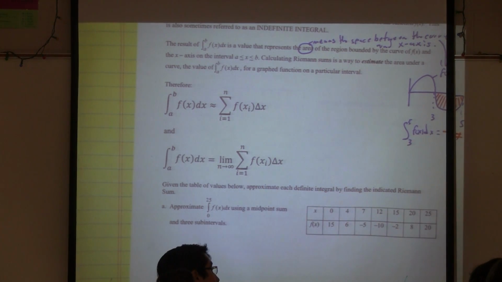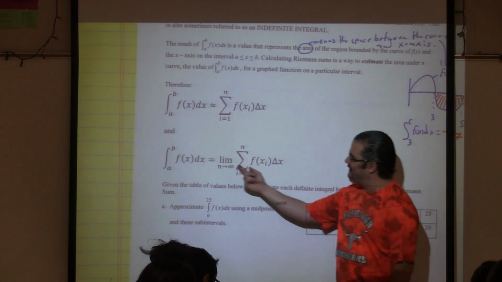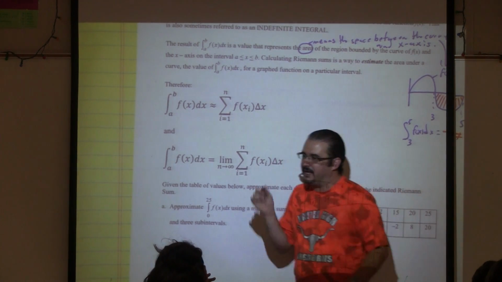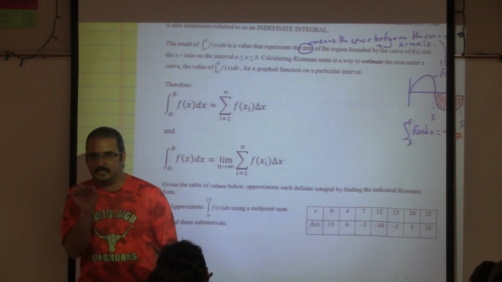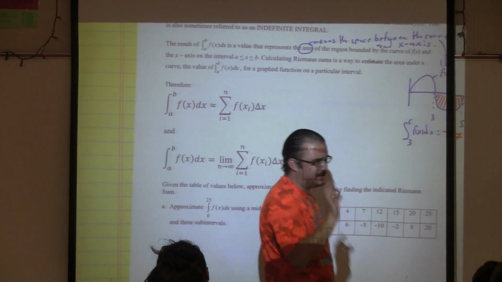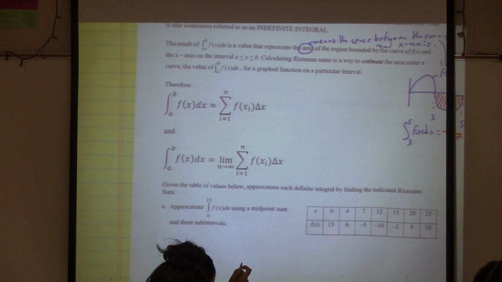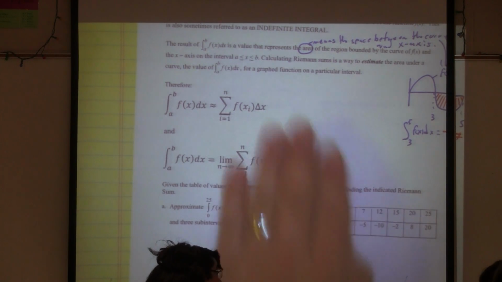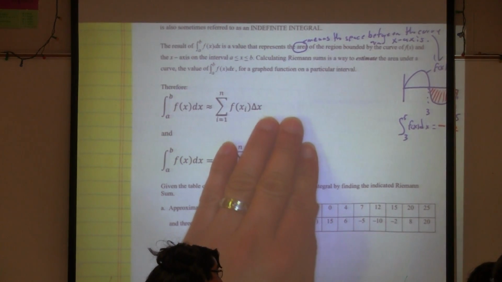Infinite number of rectangles or subintervals, right? So I want to make an infinite number of subintervals, and if I do that, I'll make the interval so small that it'll make it to where I can fit all the rectangles or all the trapezoids perfectly underneath the curve and find that exact area. Do you understand? So the integral actually will give us the exact area under the curve.